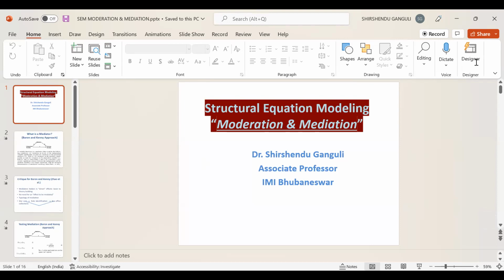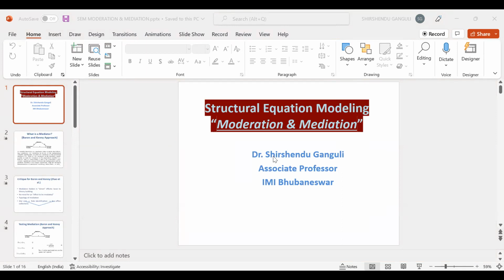Mediation is something which explains the strength of the relationship between the independent and the dependent constructs. Okay.